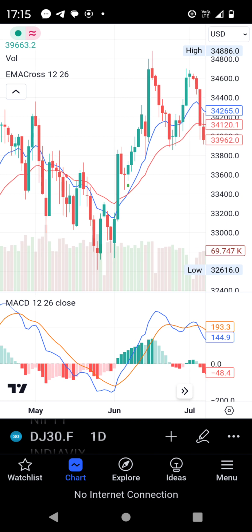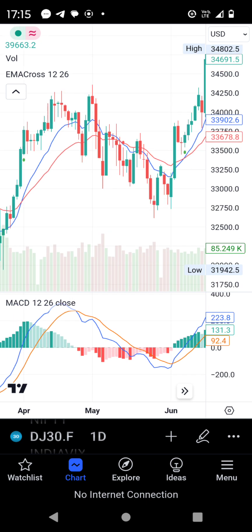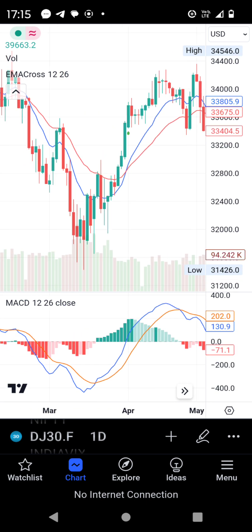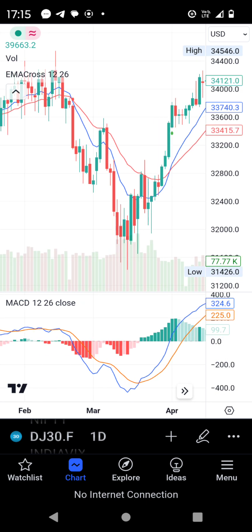Histogram, if the green histogram bars are rising, then it indicates uptrend. If the red histogram bars are pointing downwards and increasing in size, then it indicates a downtrend, downward momentum. If the red bars are becoming smaller and smaller, then the downward momentum is decreasing.